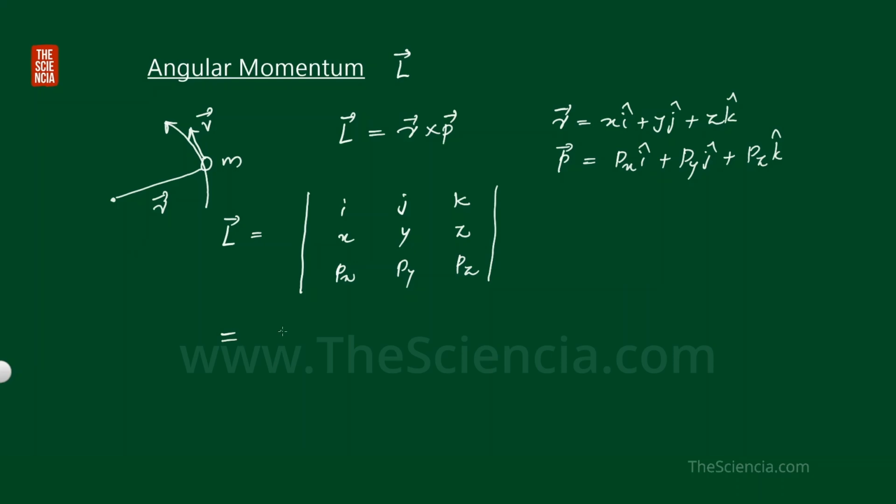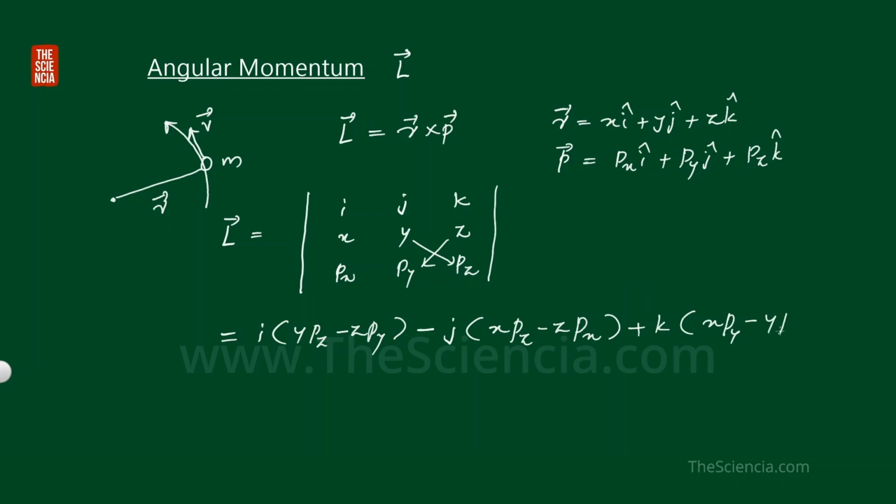So this is equal to i into (y pz minus z py), minus j into (x pz minus z px), plus k into (x py minus y px). Right? This is the L vector.